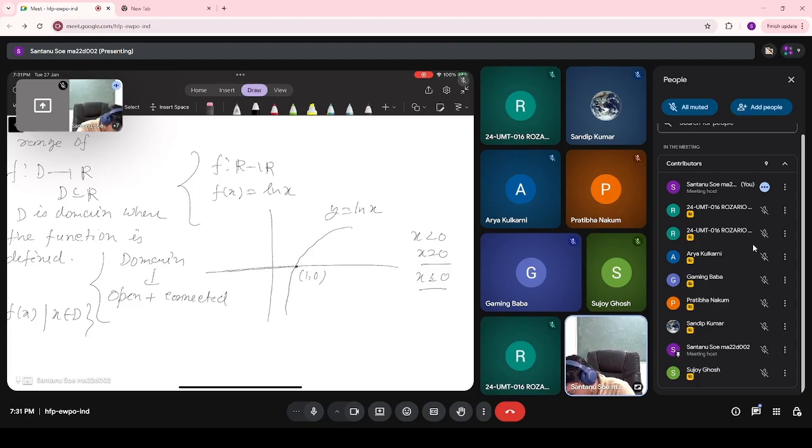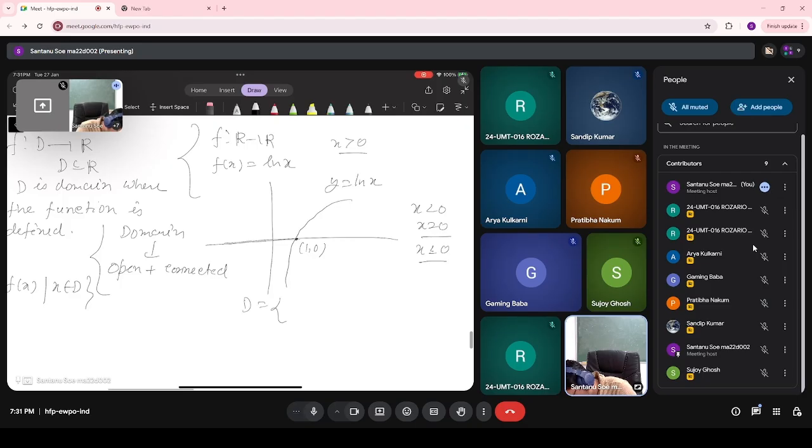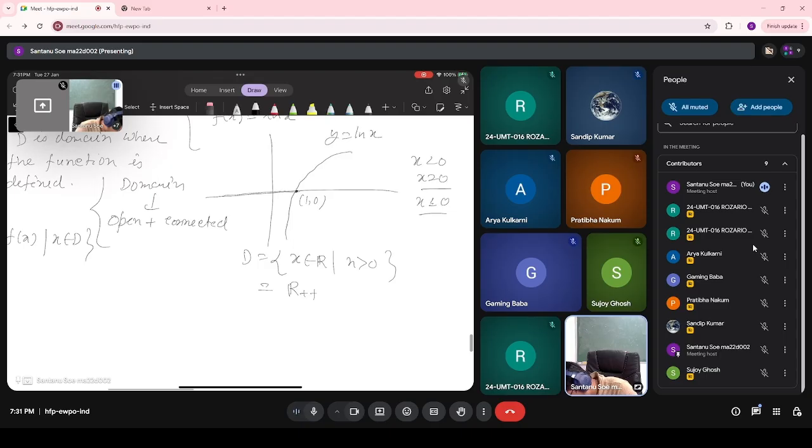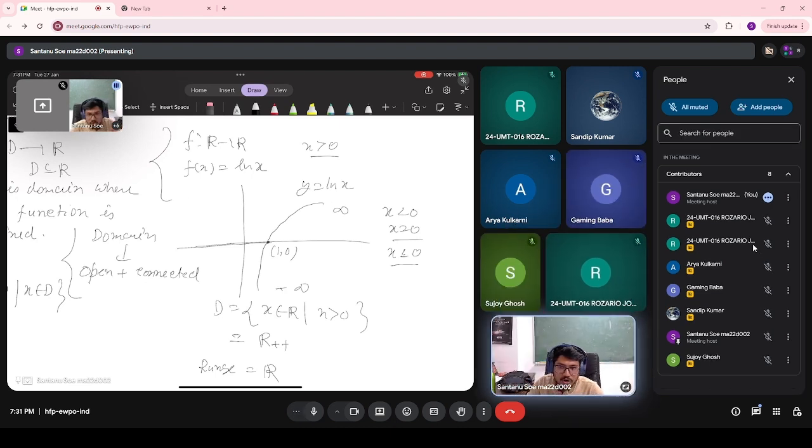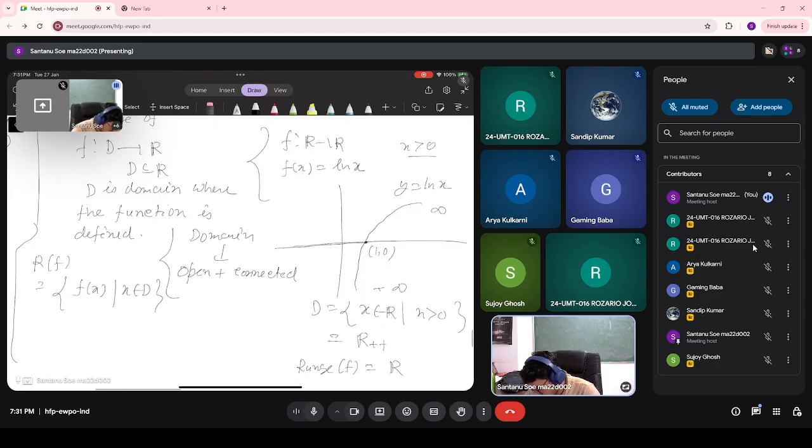So the domain D is the set of all points x in R such that x is greater than 0, or simply written R plus. And the range is the whole real number system, because the function goes from minus infinity to plus infinity, so it covers all the real numbers. So the range of f is the set of all real numbers, correct?